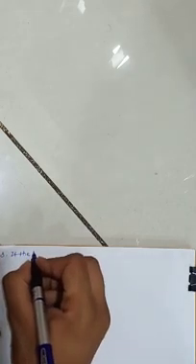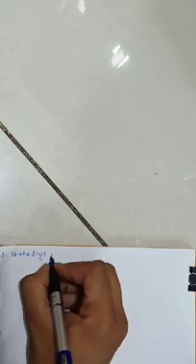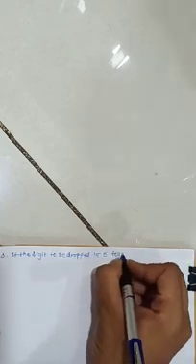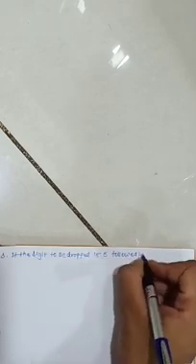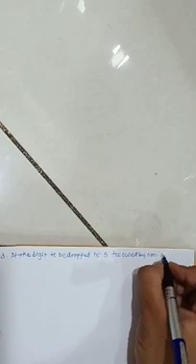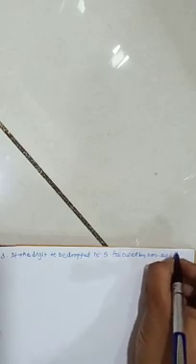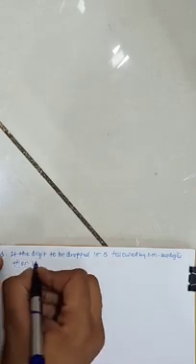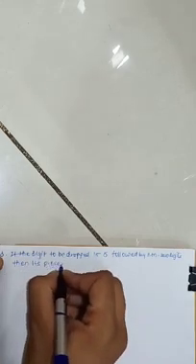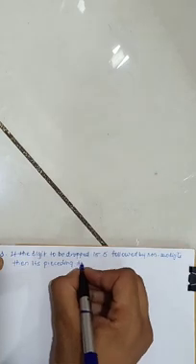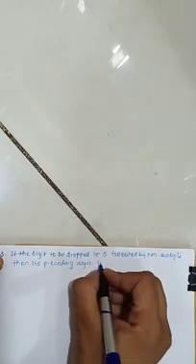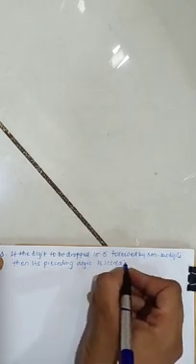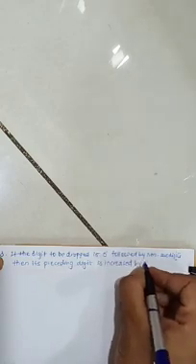Third rule: if the digit to be dropped is 5 followed by non-zero digits, then its preceding digit is increased by 1.